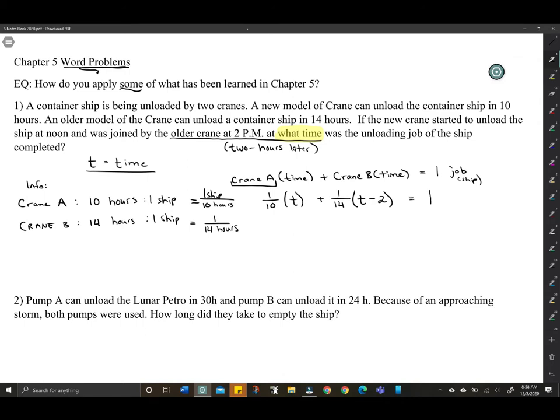It worked for time minus 2 hours. Now, it may look a little funky, but really this is just t over 10 plus (t minus 2) over 14 equals 1. And at this point, it should look a little bit better, okay?